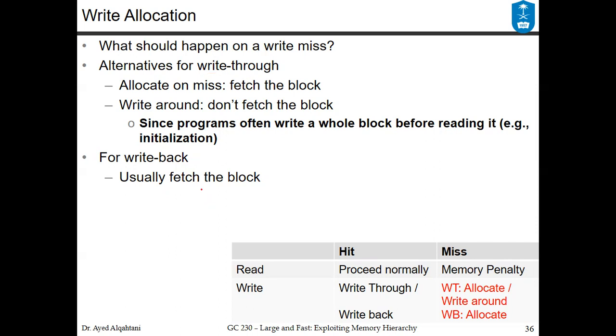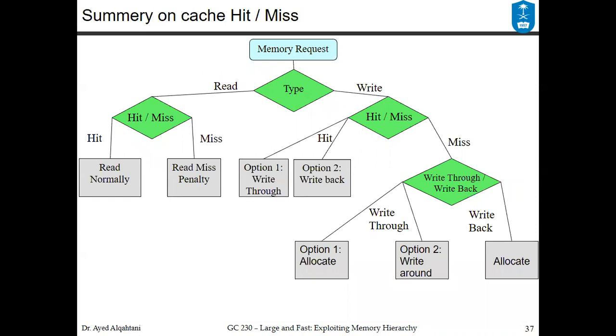So to summarize everything all together, here are the memory requests. It depends what type of memory request you are having. Is it read or write? Now, if it is a read and it is a hit, then you read. If it is a miss, then you have a miss penalty. Now on write, if the write memory access is a hit, the first option is write through. The second option is write back.